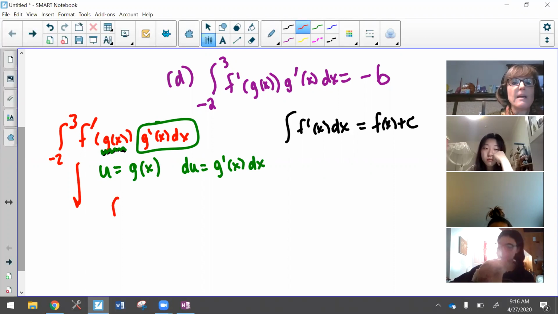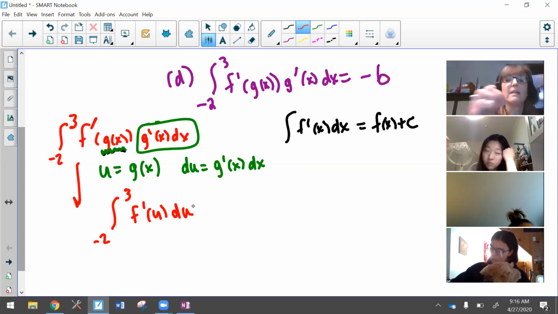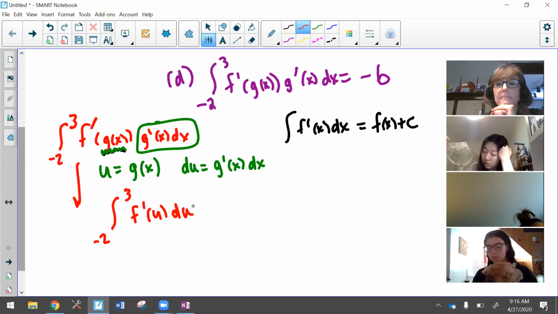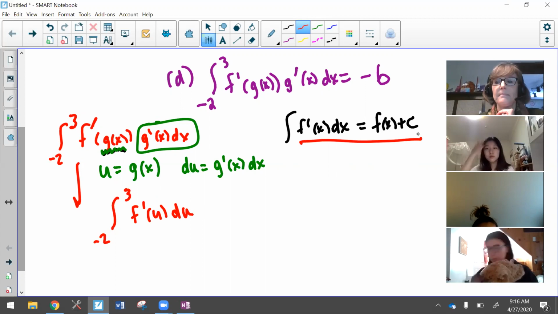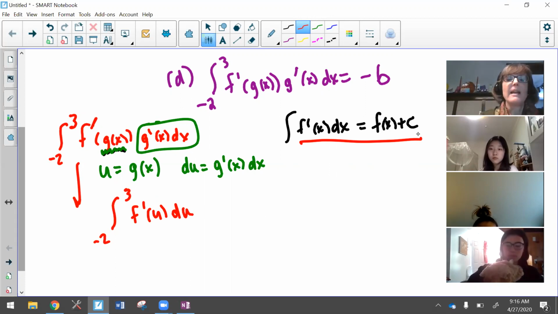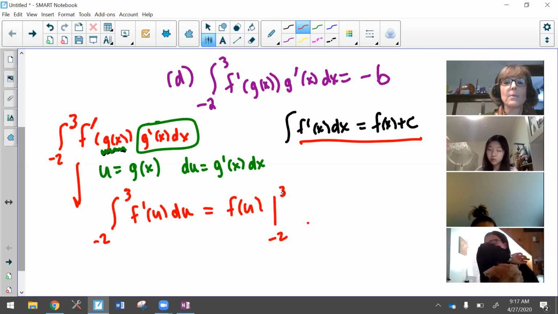So my integral becomes the integral from -2 to 3 of f prime of u du. And then I can use this. Okay, and so this is going to be f of u evaluated from -2 to 3.